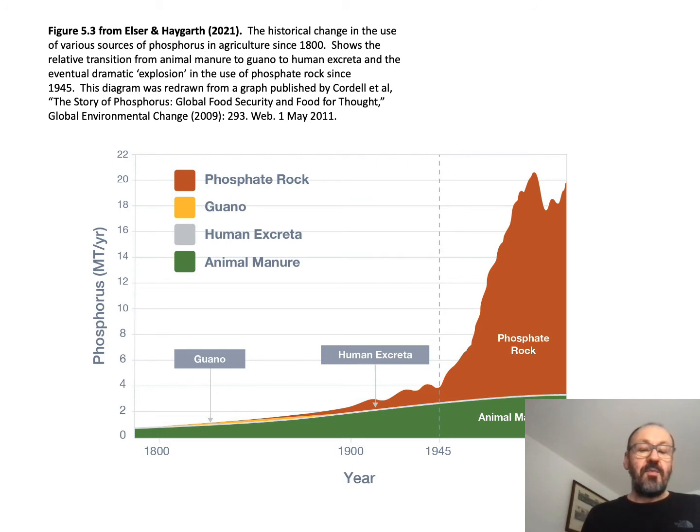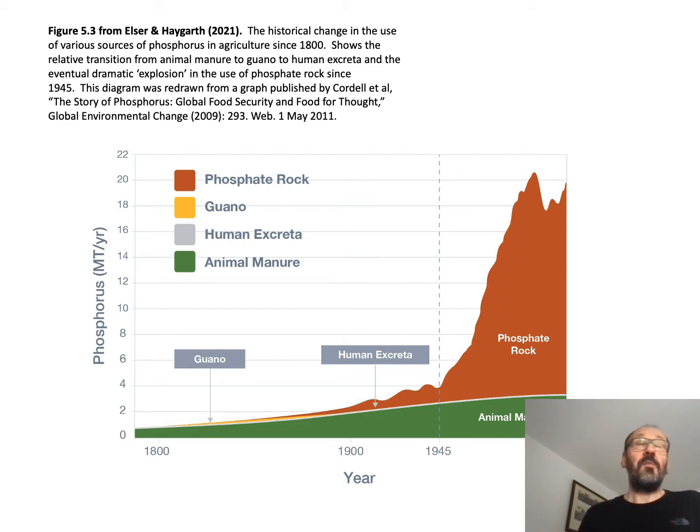But you can see that really historically around about 100 years or so ago, just after the Second World War in 1945, 1950 or so, there was a big increase in the use of phosphate rock, and therefore in the mining of phosphate rock for production and use in agriculture. And prior to that, really, there'd just been the uses of guano, which is so small you can't see it here in the yellow here.